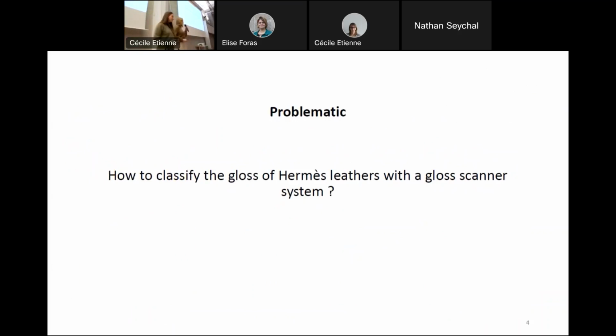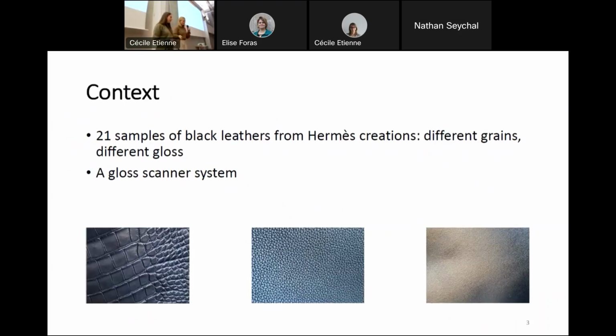So what is the context of our project? In fact, Hermes sent us 21 samples of leathers that have different grains, different smoothness and gloss, and we have analyzed them in order to do a classification from the most matte sample to the most glossy ones, with a gloss scanner system.